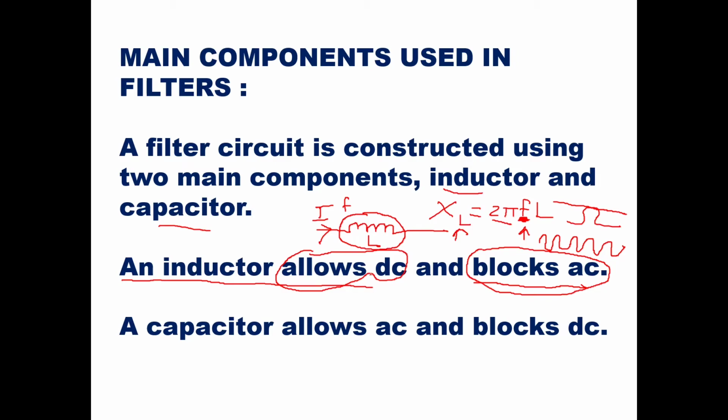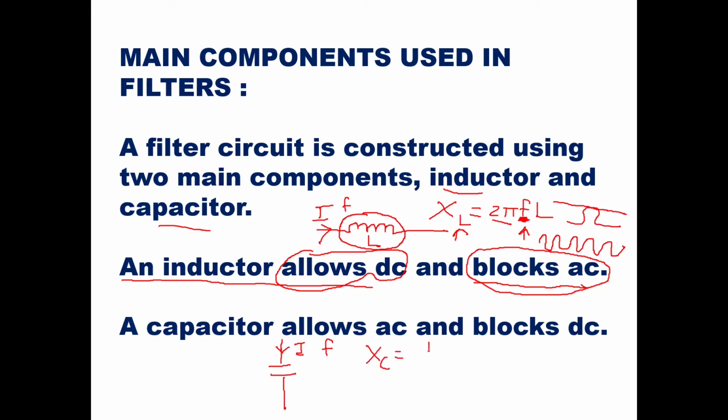Similarly, if you come to a capacitor, let us say a capacitor is connected. Now the current is going to flow here with a frequency F. The opposition to the flow of current provided by the capacitor will be given as XC.